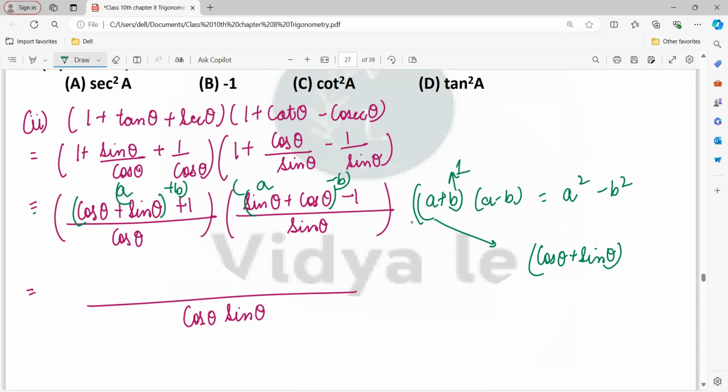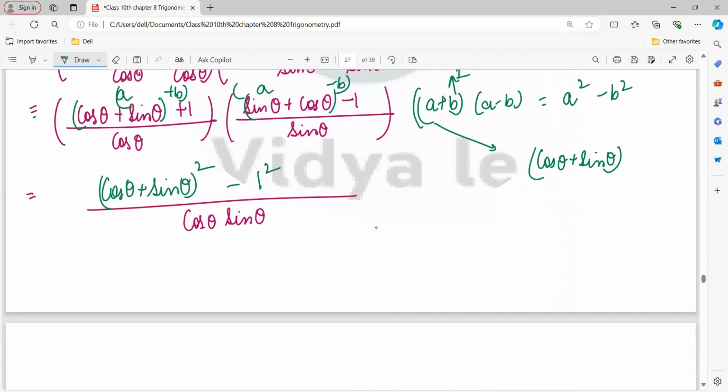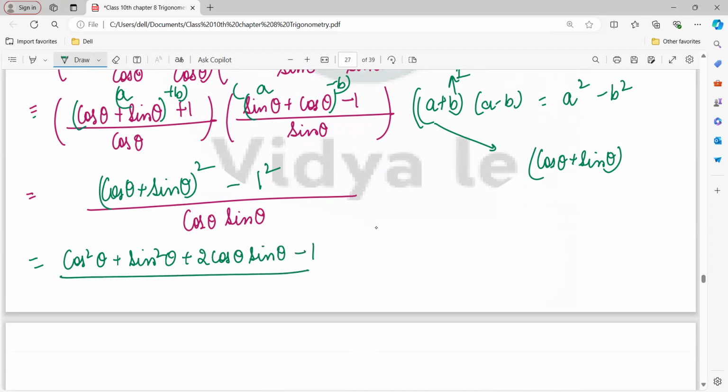Now, A square minus B square, that is cos theta plus sine theta whole square minus 1 square, right? Now we'll apply the identity for A plus B whole square. So we'll get cos square theta plus sine square theta plus 2 cos theta sine theta minus 1 upon cos theta sine theta. Now cos square theta plus sine square theta is equal to 1.